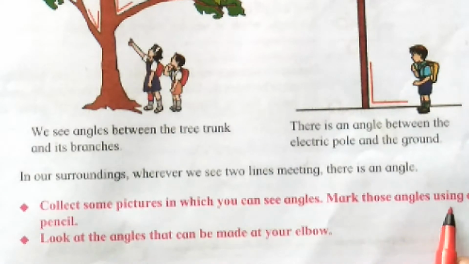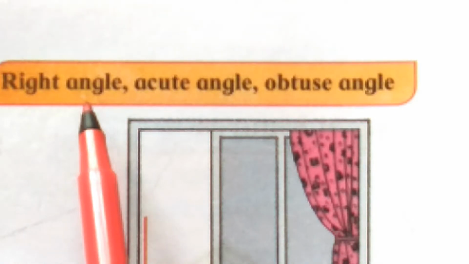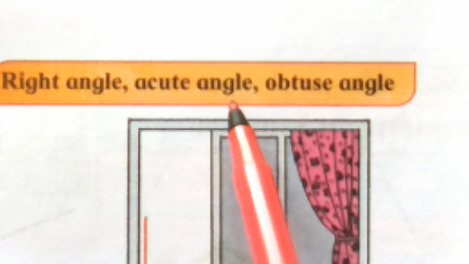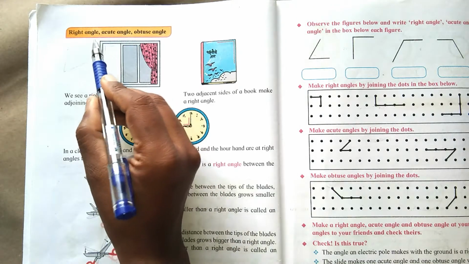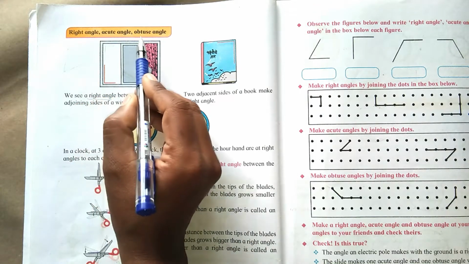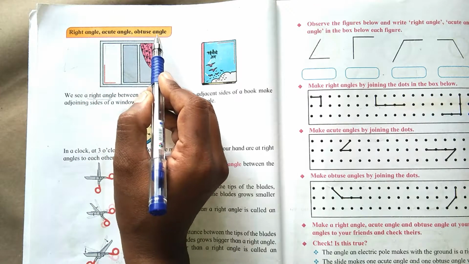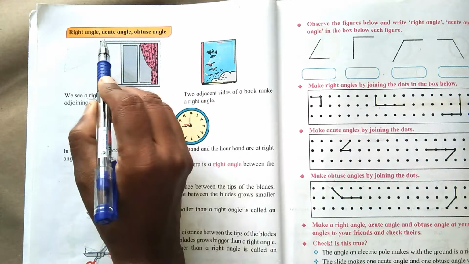Mark those angles using a pencil. Next, look at the angles that can be made at your elbow. Right angle, acute angle, obtuse angle. There are three types of angles. Further we study about it.